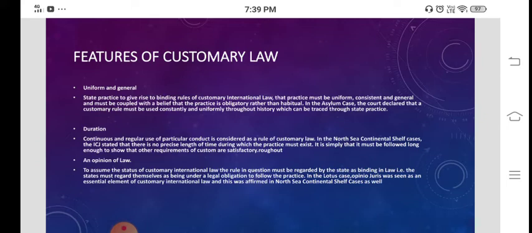In the North Sea Continental Shelf cases, the ICJ stated that there is no prescribed length of time during which the practice must exist. It is simply that it must be followed long enough to show that the other requirements of custom are satisfied throughout.